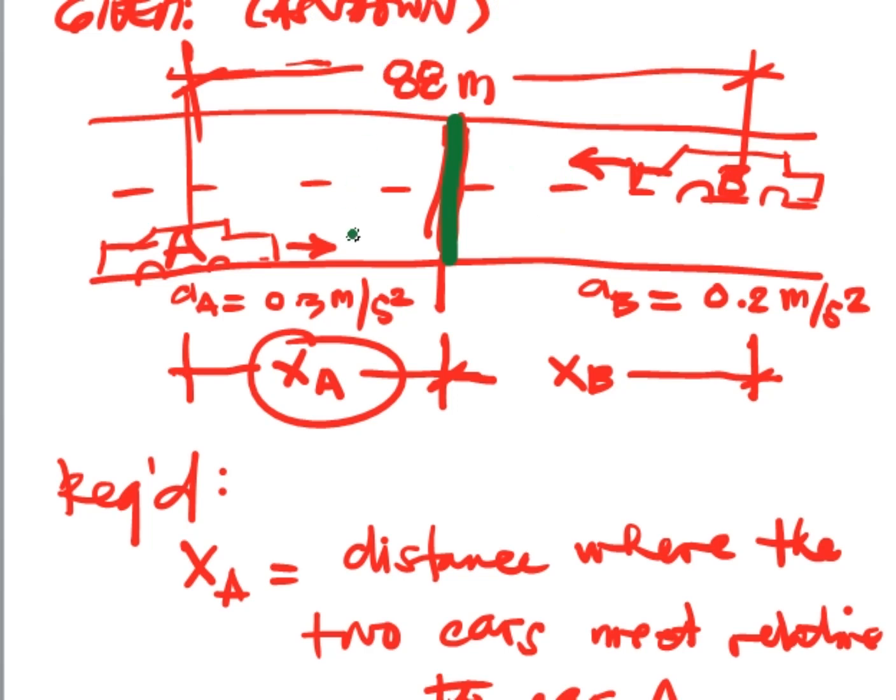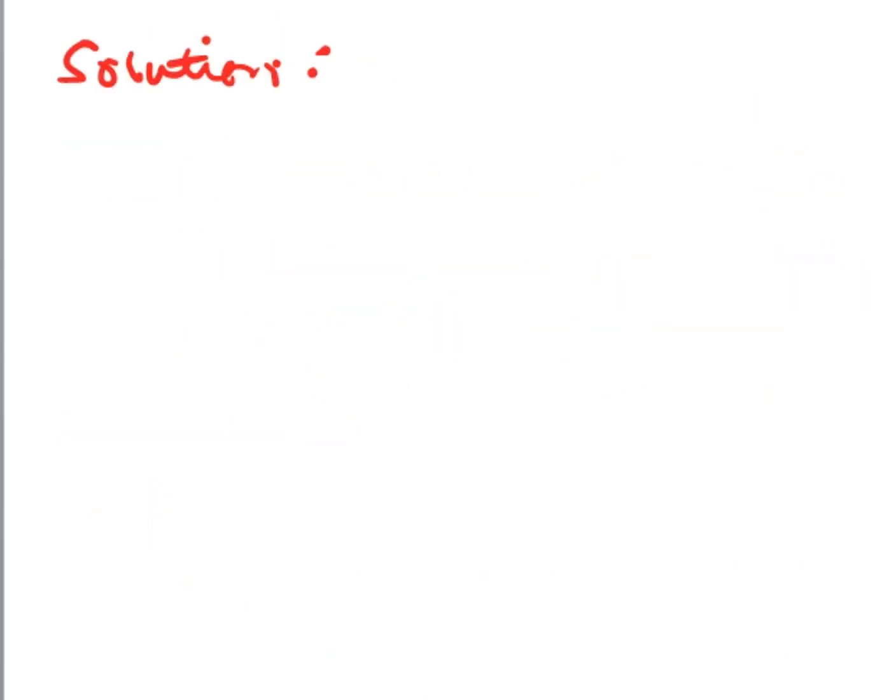So time A, the time it will take for car A to travel to this point, is equal to time B, the time it will take for car B to travel to the point where they will meet. So we can assume that time A is equal to time B.